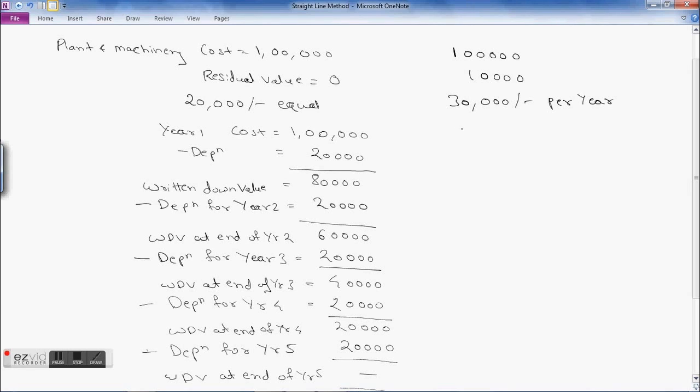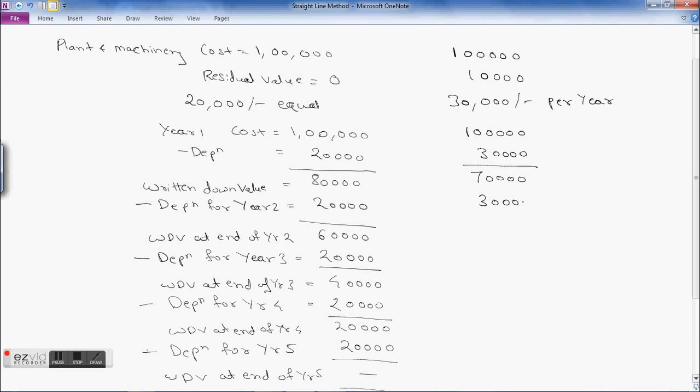There are no installation charges, so we'll write that cost of asset is 1 lakh. Depreciation for year 1 is 30,000, so WDV, that is written down value, at the end of year 1 becomes 70,000.